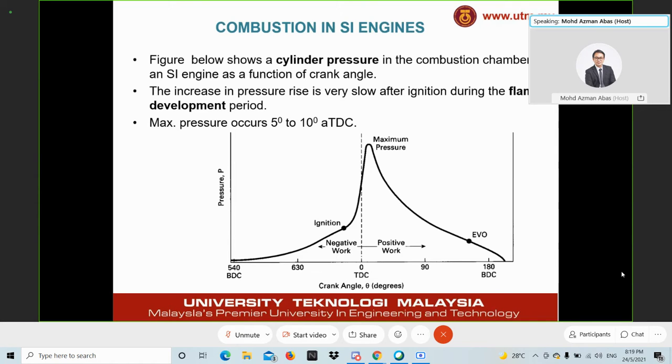In other words, that is when your piston has passed through TDC and starts to move down towards BDC.